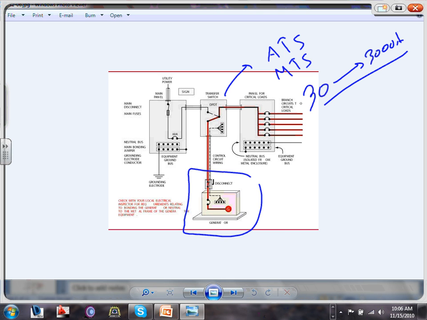For the same amps and the same voltage, a 30 amp auto transfer switch versus a 30 amp disconnect, you're probably talking about double because of the electronics involved. They're really expensive, and they're pretty fast.